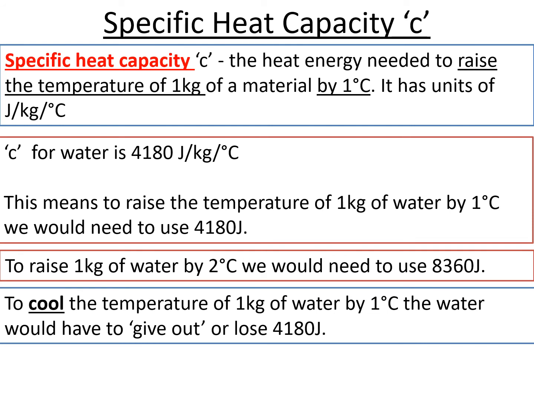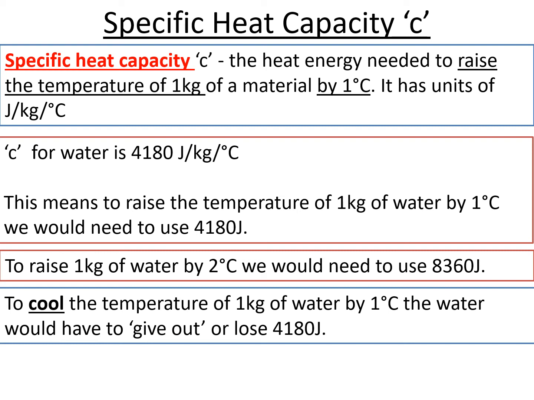The opposite is also true. To cool the temperature of 1 kilogram of water by 1 degree Celsius, the water would have to give out or lose 4,180 joules, because specific heat capacity works in two directions. One, for something heating up, and two, for something cooling down.